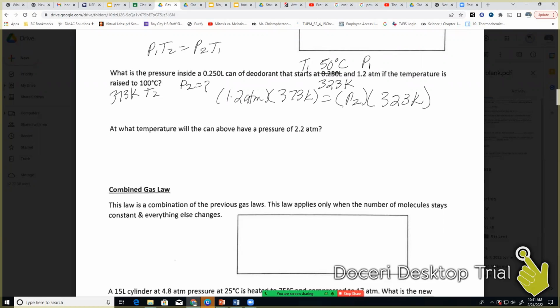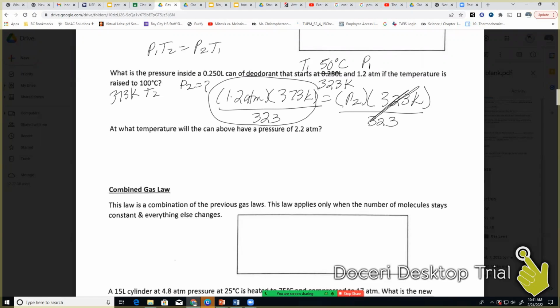All right, so there's my setup. I need to get rid of my 323, so I'm going to divide each side by 323. So that cancels. This is what would go in your calculator: 1.2 times 373, and then divide it by your 323. The only other thing you need to worry about is how many sig figs you're going to have. 2, and then what would our units be?